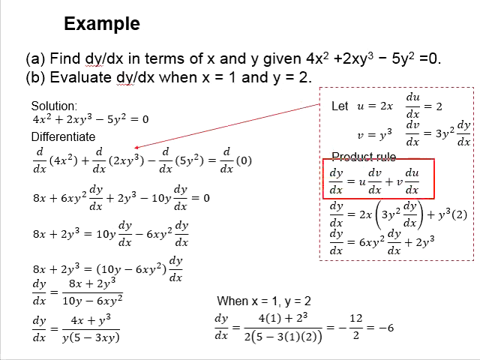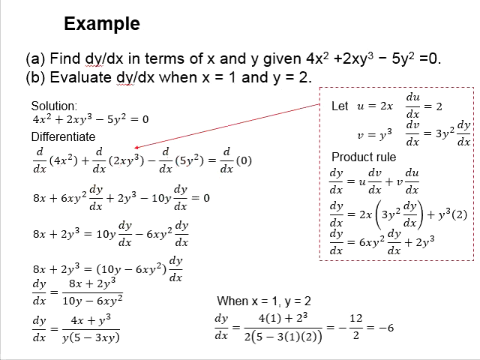Use the product rule: u dv/dx plus v du/dx. Rearrange the equations, you get this. With that, you are able to differentiate the terms one by one.